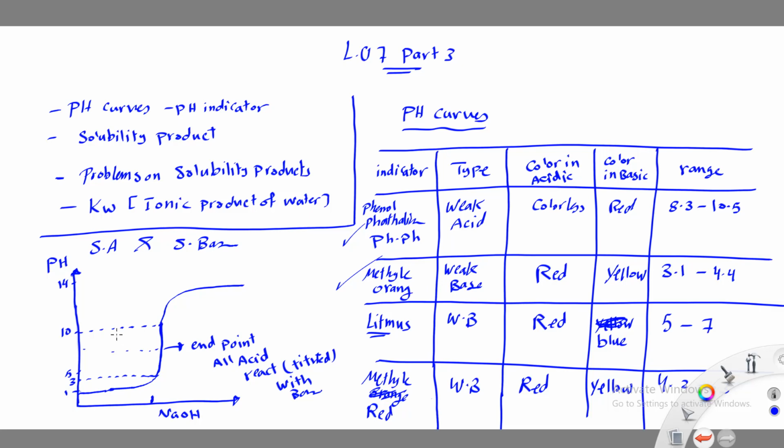So we'll find in this area a suitable indicator to work, maybe phenolphthalein, litmus. Different types of indicator can work in this area for the strong acid and the strong base, NaOH 0.1 molar.